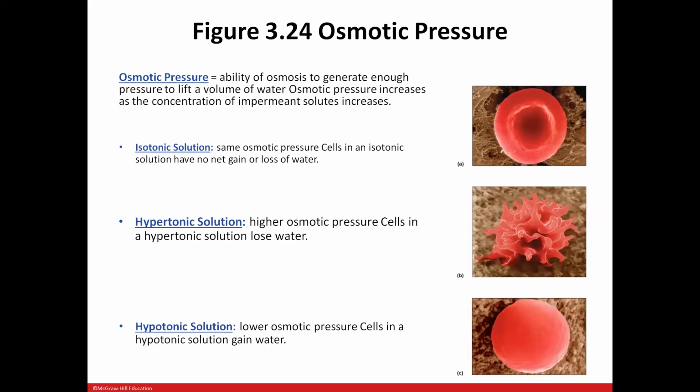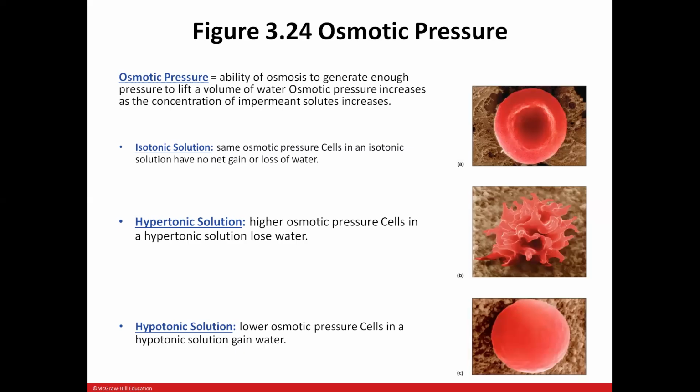But again, what's going on is this changing of water in and out of the cell. If you're going to be losing water, you're going to shrivel up. The reason they're losing water is because there's more solute outside of the cell in a hypertonic solution. In a hypotonic solution, there's not a lot of solute outside of the cell, and so the water wants to flow in.